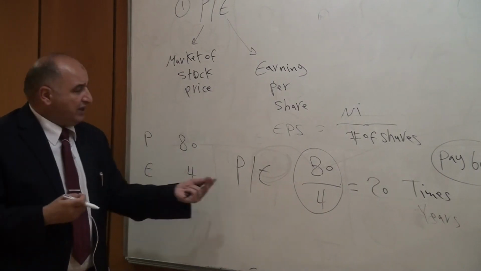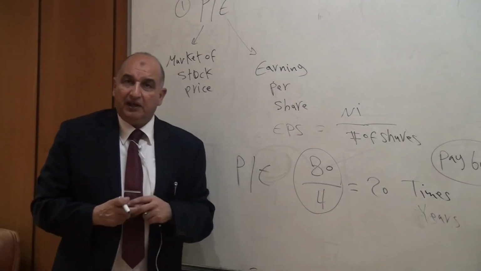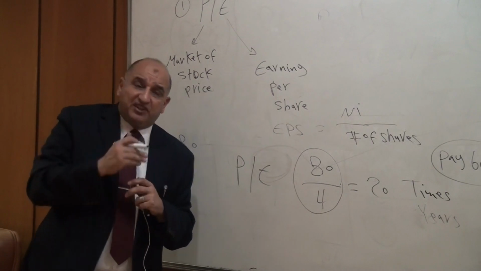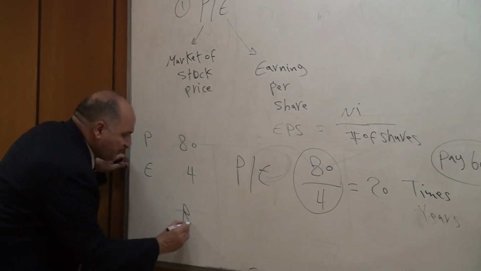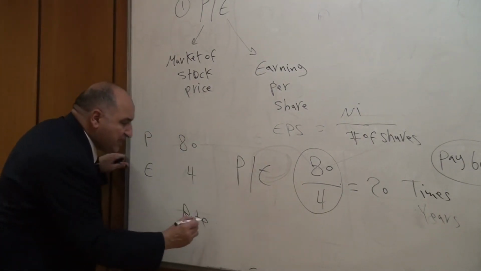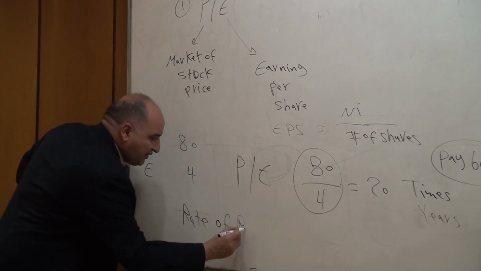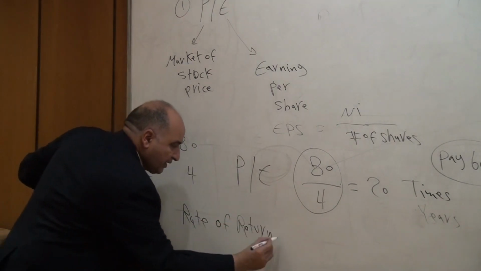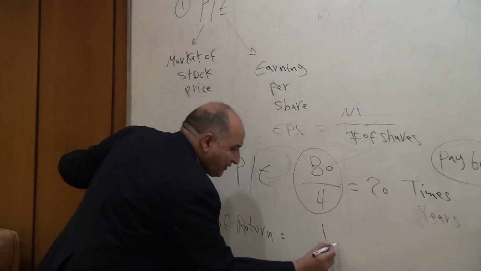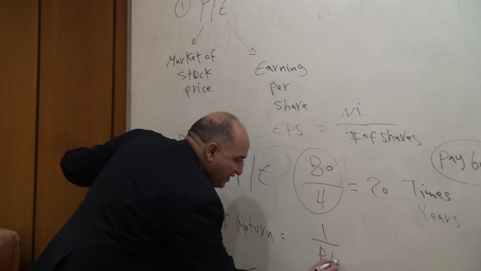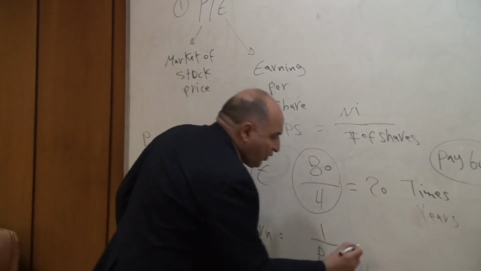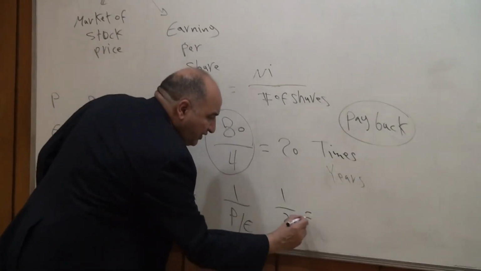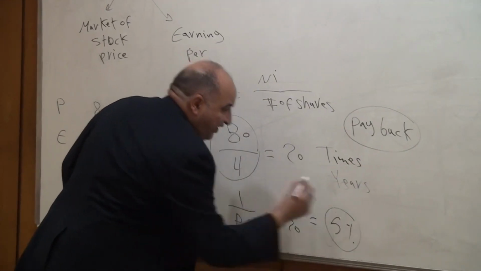Normally, they say PE equals 20. If I need to calculate the rate of return from the PE, rate of return equals 1 divided by the PE ratio, which equals 1 divided by 20, which is 5%.